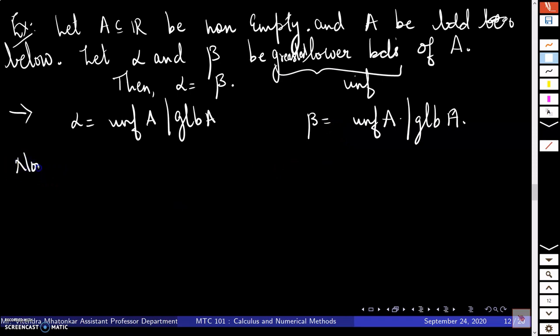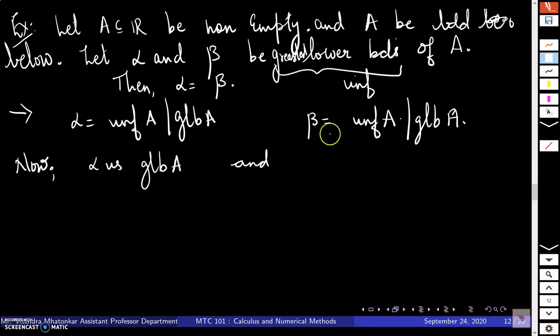It will work the same way that it worked in the previous video for the supremums. So I will assume that alpha is the greatest lower bound of A, and beta is also a greatest lower bound of A, but before that it's a lower bound also.